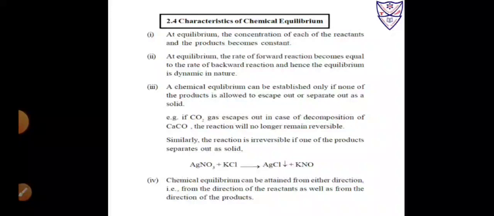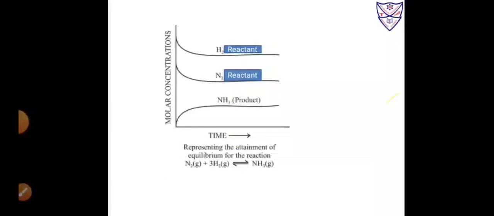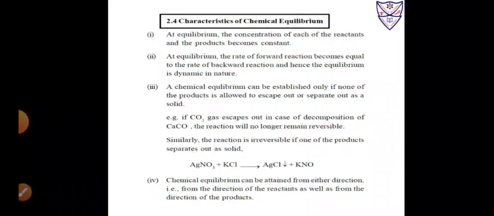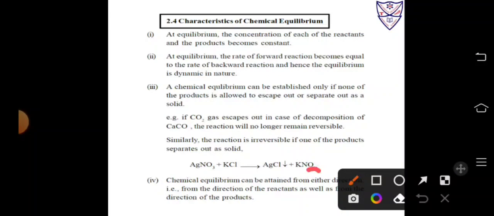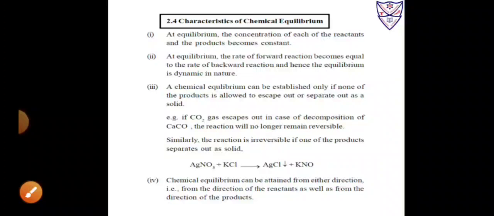For example, AgNO3 plus KCl gives AgCl and KNO3. The downward arrow shows precipitation, which means solid particles.